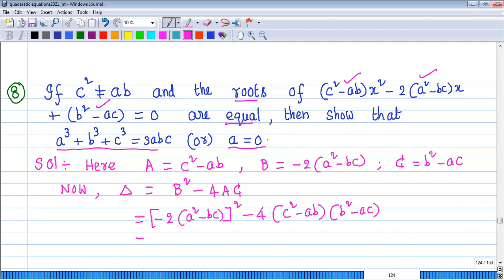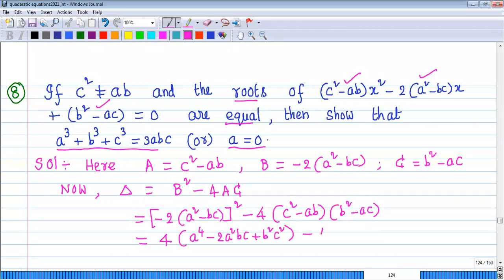So now here, minus 2 square is equal to 4, (a square minus bc) whole square. It is a power 4 minus 2 times a square bc, that is 2a square bc, plus bc whole square, which is b square c square.